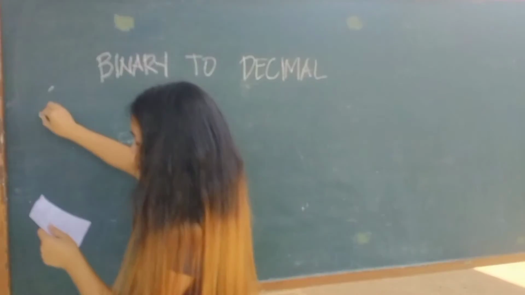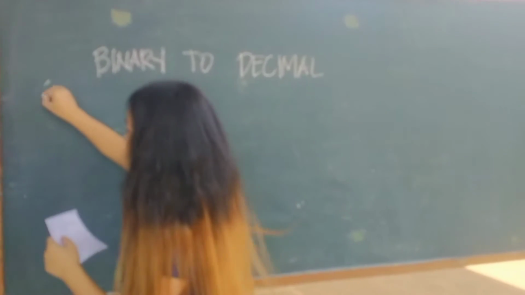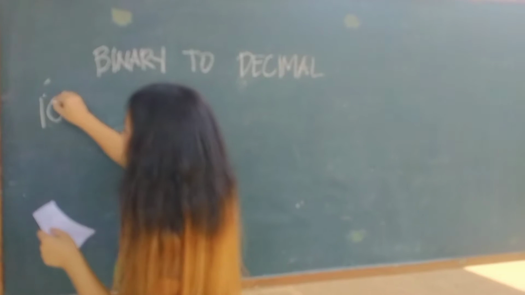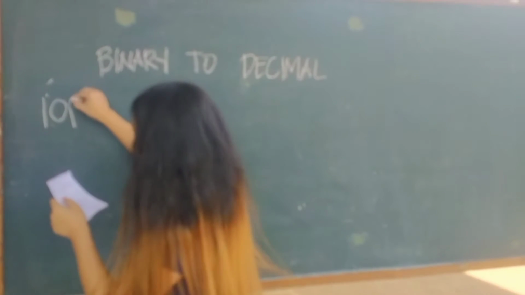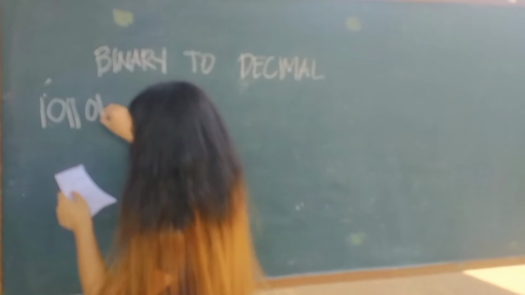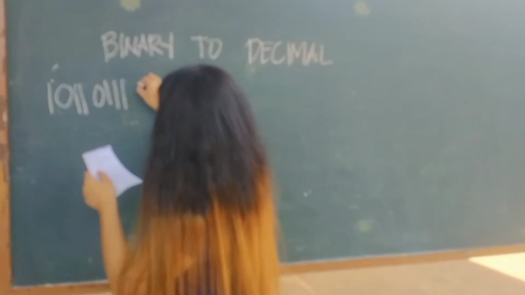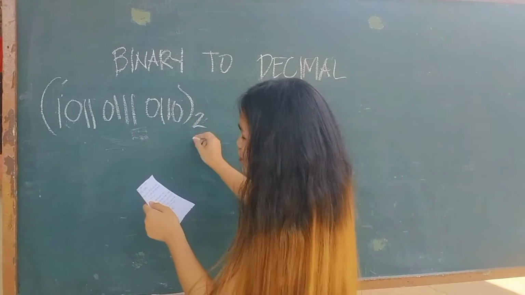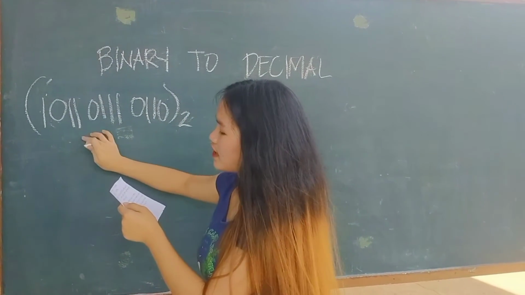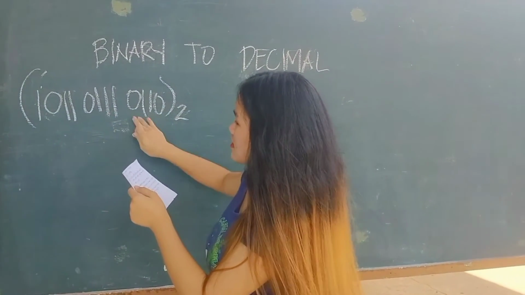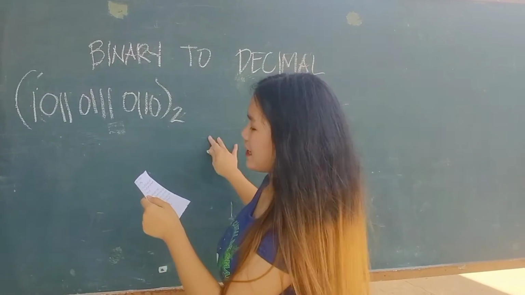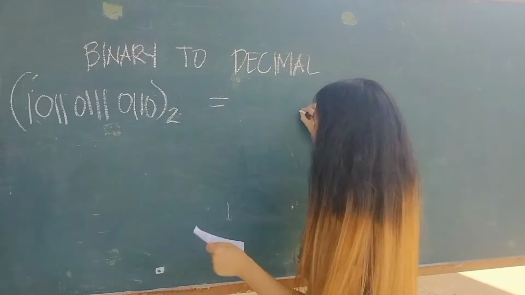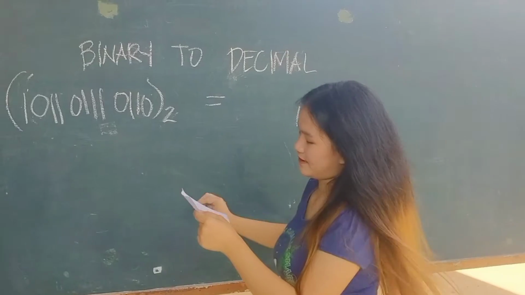So the given is 1011011101110 with a base of 2. And we should use the base of 2.